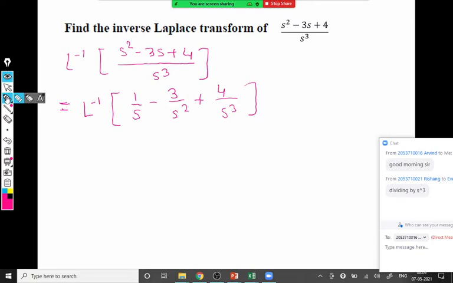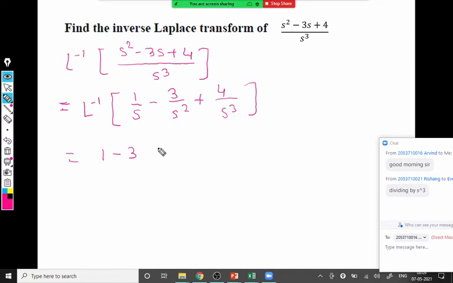Now tell me, what is L inverse of 1 upon s? What is the inverse of 1 by s? So 1. Correct. Now the inverse of 1 upon s square, this minus 3 will be as it is. L inverse of 1 upon s square.